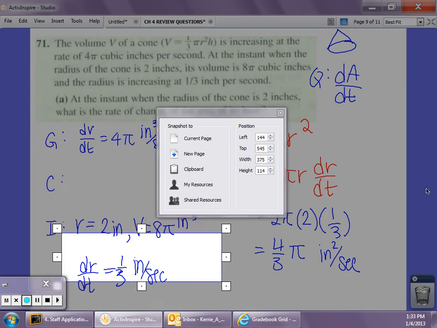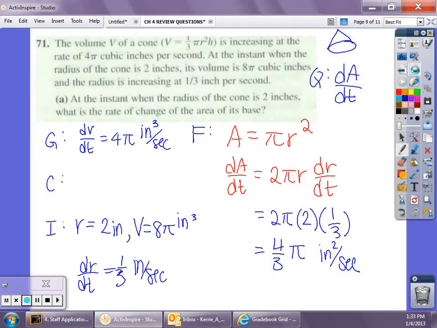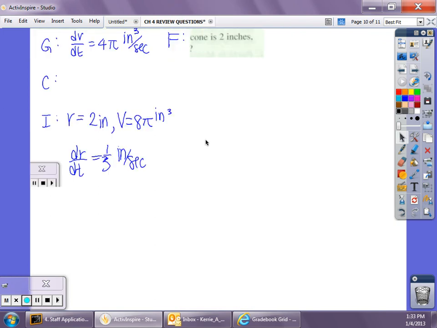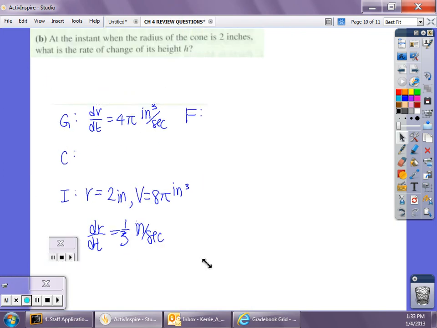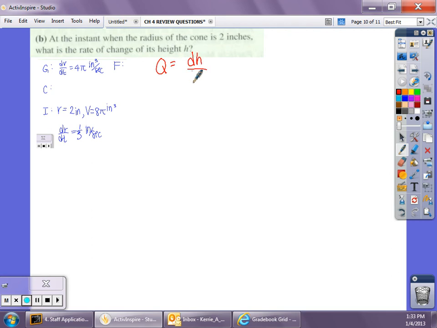Part B, I'm going to actually steal this, says, at the instant when the radius of the cone is 2 inches, what is the rate of change of its height? All right, let's see, the height. So in this case, the question is now dH/dt.